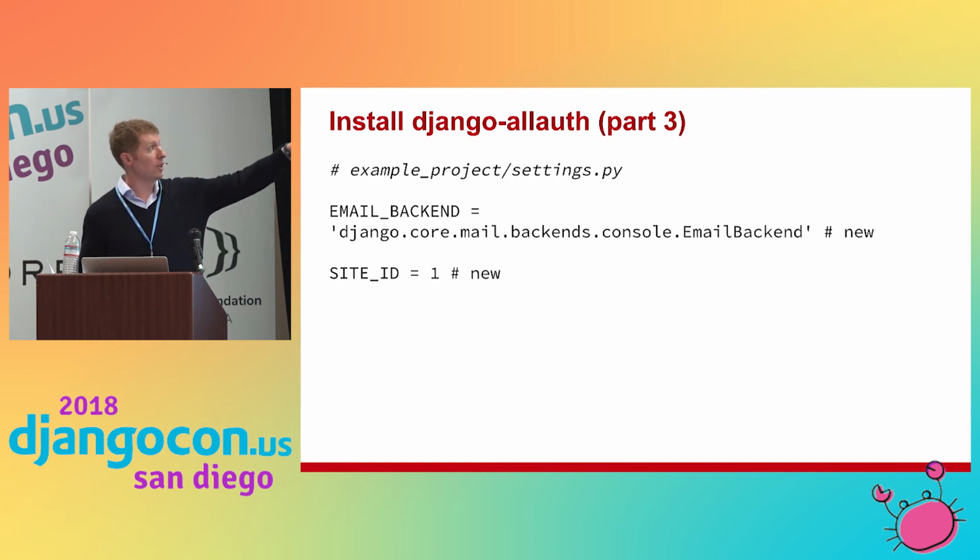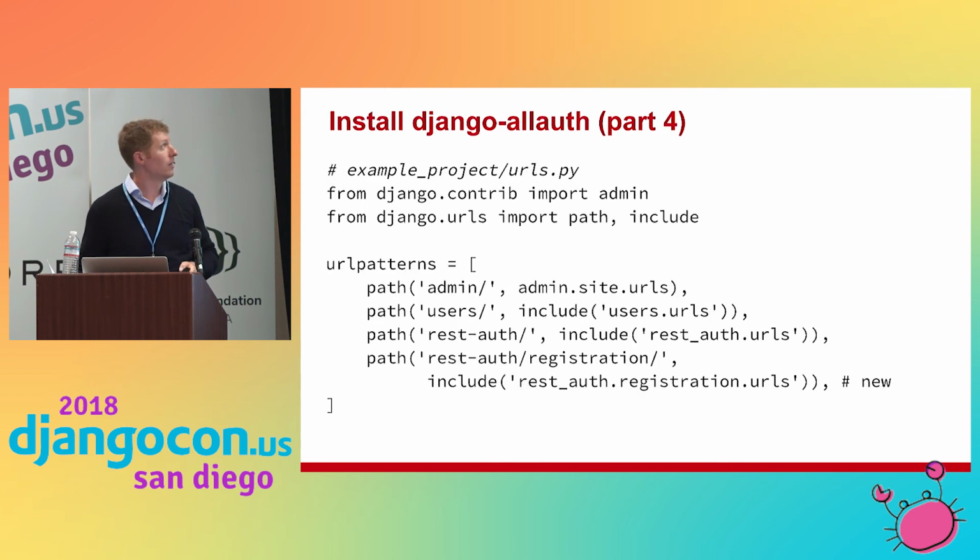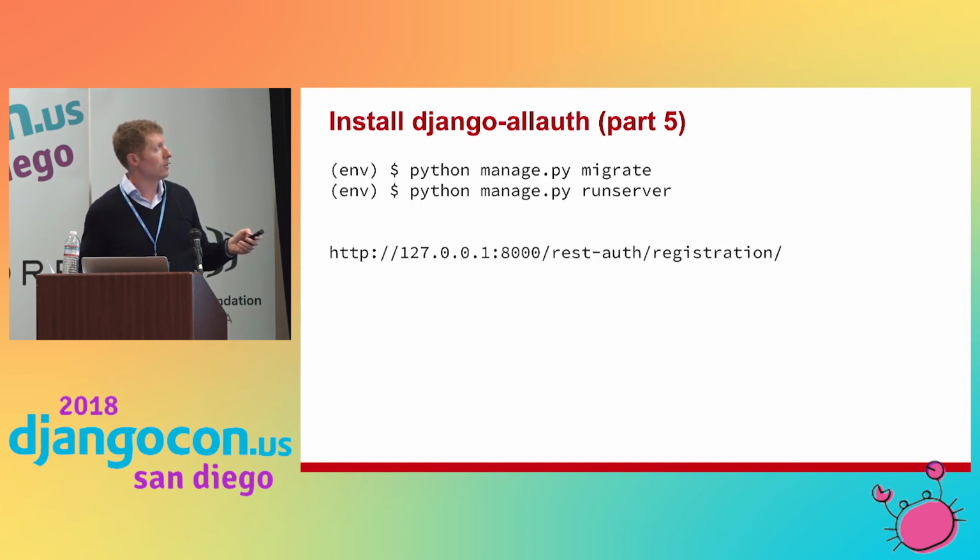In this case, we're just using console. It's just going to put it into our command line. You could also change it so it will send an email through an email service. And you need to add the site ID because it uses the sites framework in Django. Add just here at the bottom, rest_auth.registration. That's all you need. Migrate, run server. And now we have our sign up endpoint.